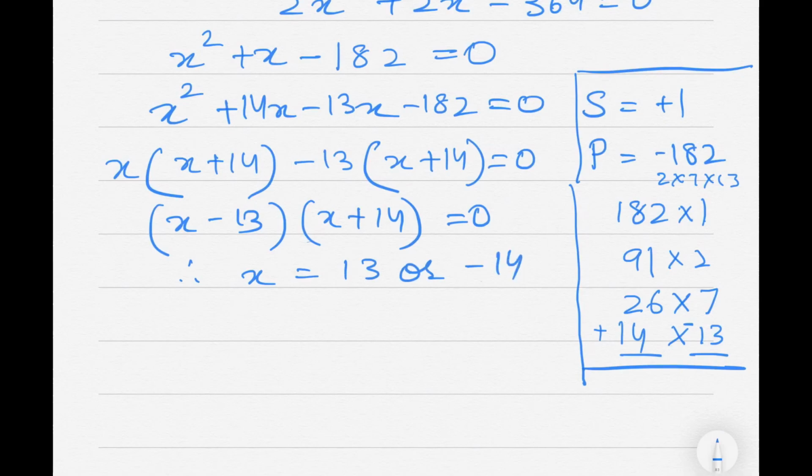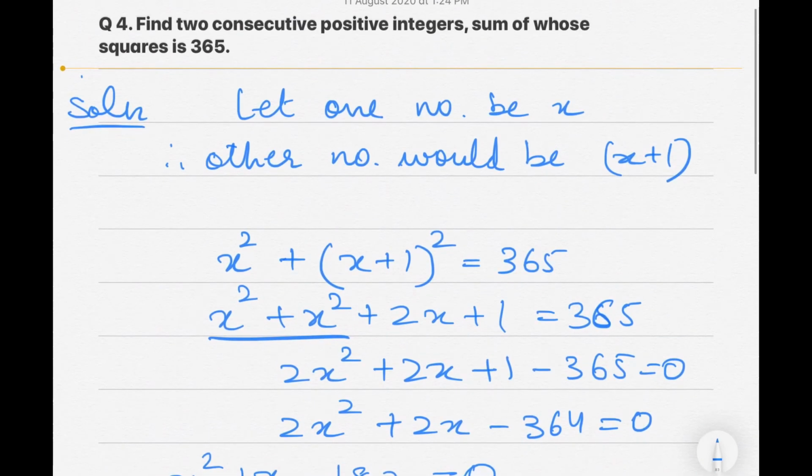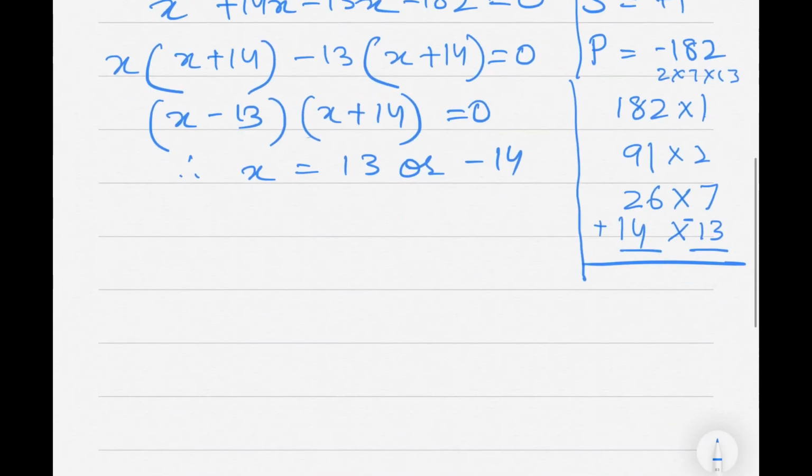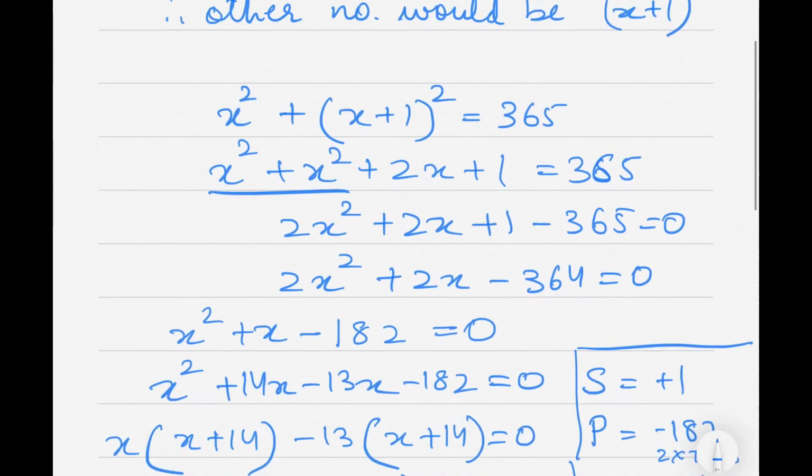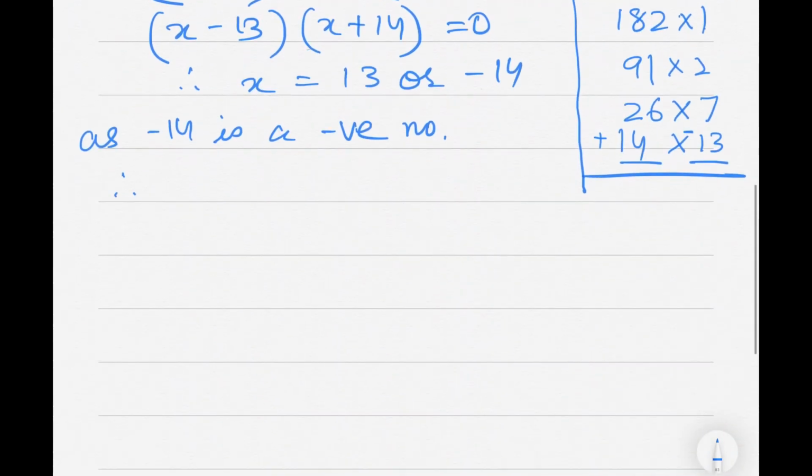But here in the question they had asked two consecutive positive integers, right? So minus 14 is a negative number, right? So therefore my value of, I assumed my x as one number, right? So therefore the number will be 13, right?